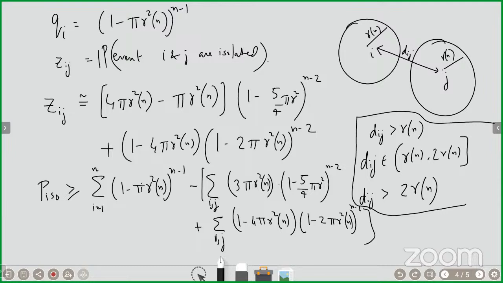What is the order-wise? Think of the order-wise. n minus 1 is roughly n square. Then there is r square n, and there is n times r square n.